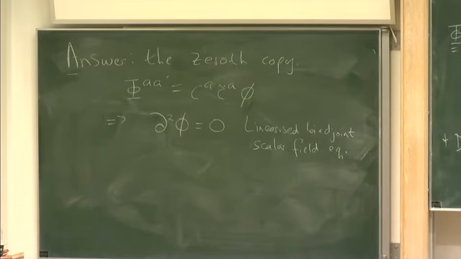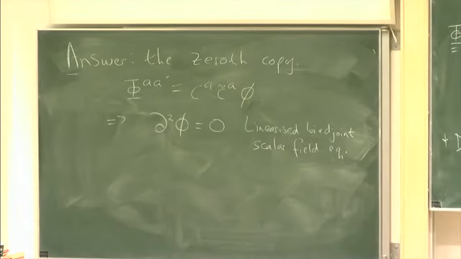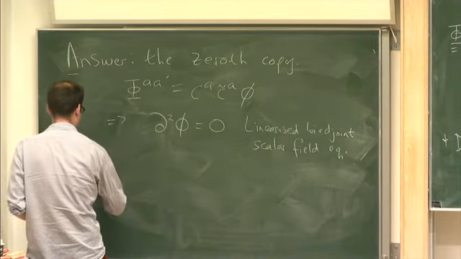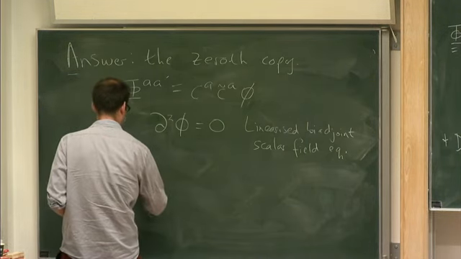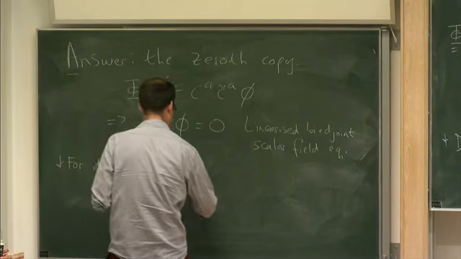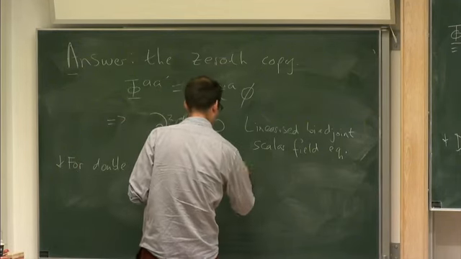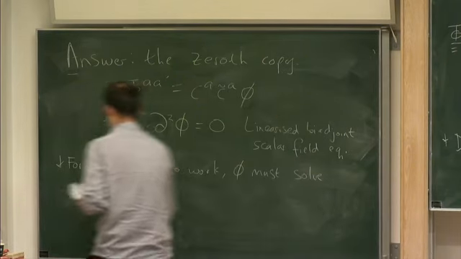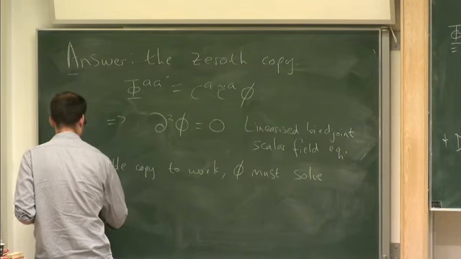But phi is a solution of that equation. And there's another way to think about that. First of all, let me write that point. So for the double copy to work, phi must solve the linearized biadjoint theory.